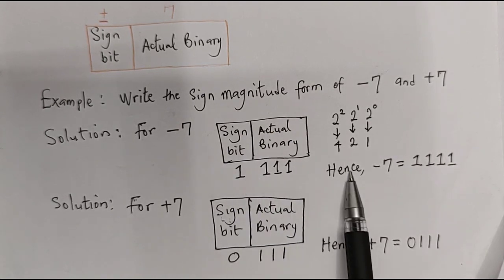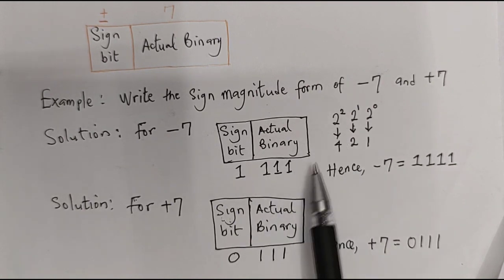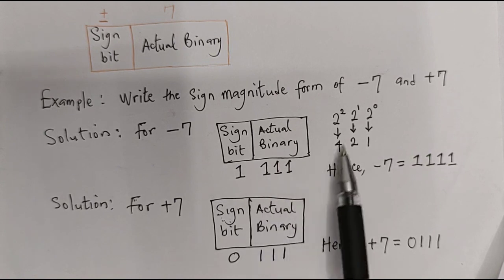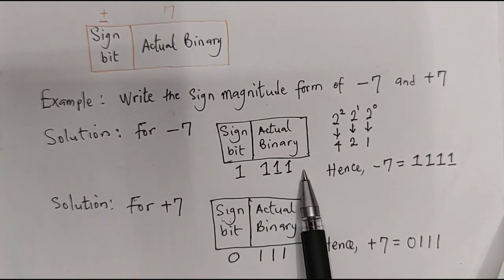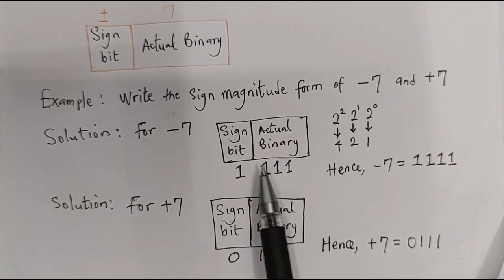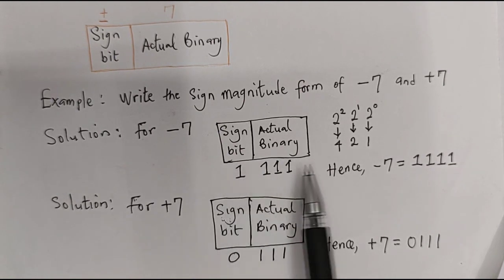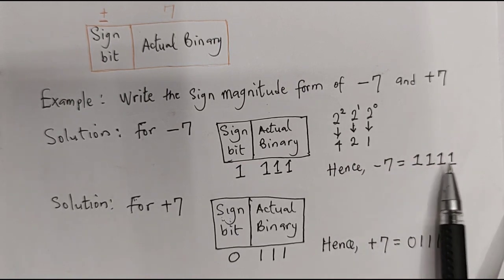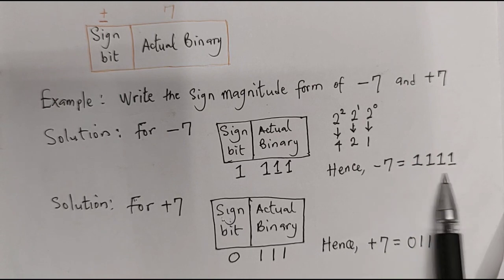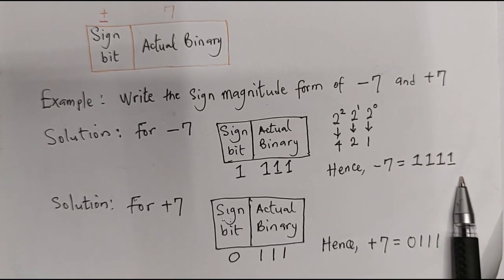So therefore, using this formula like I explained before, to get 7, it means when you have 111, 4 is present, 2 is present, 1 is present. Sum everything up together, you're going to get 7. And then you have the sign bit, which is 1. It means -7 is going to be 1111. So this is how we derive this answer.